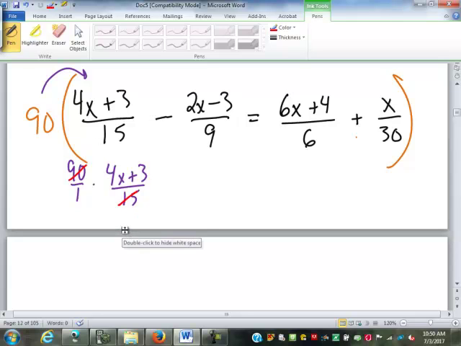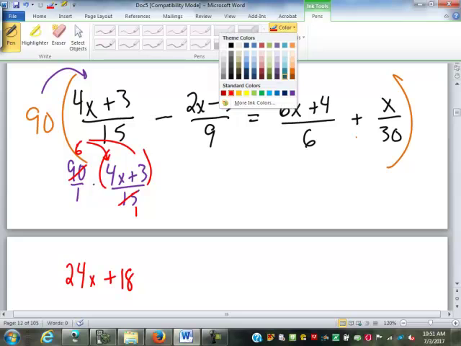Both divide by 15. So this is 1 and this is going to be 8. No, it's not going to be 8. It's going to be 6. So now what I have is just 6 times the 4x plus 3. 6 times 4x is 24x, and 6 times 3 is a positive 18.